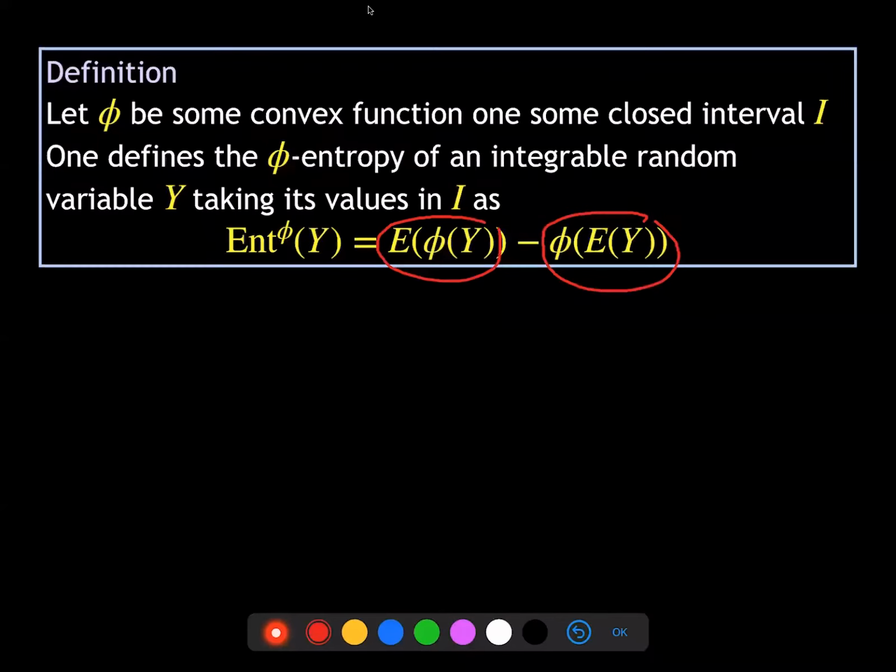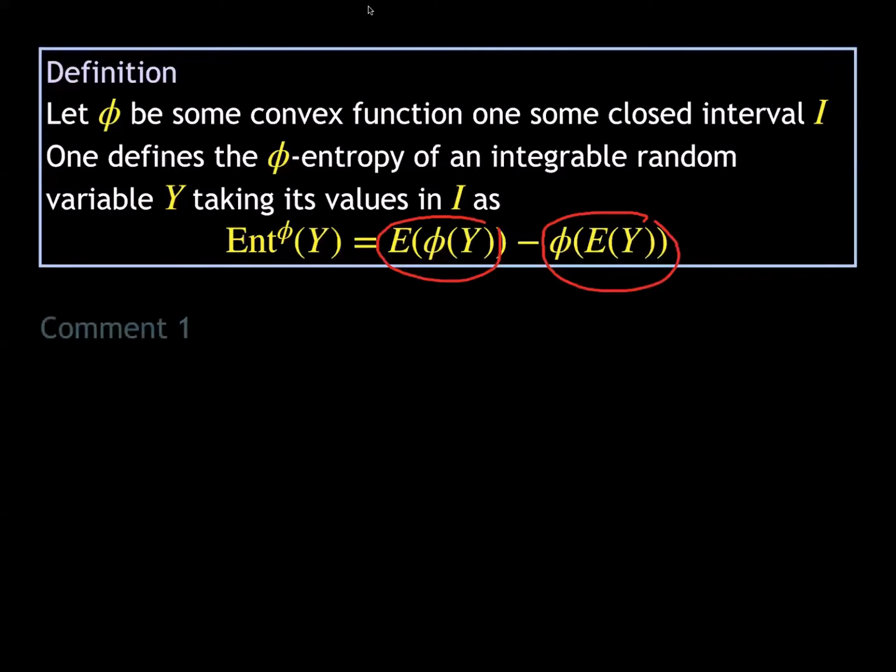Notice that it is always a well-defined quantity, because the expectation of y is well-defined, the variable y being integrable. And when you look at a convex function of y, the only way for this convex function of y not to be nice is not to be nice from above, not from below.